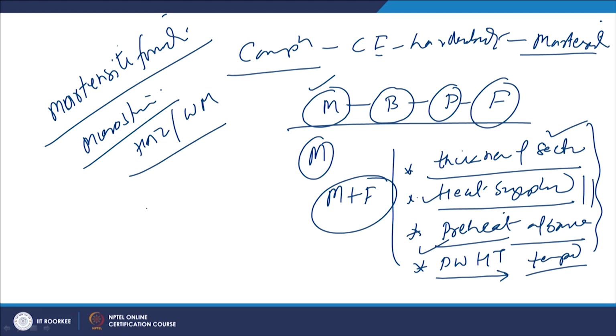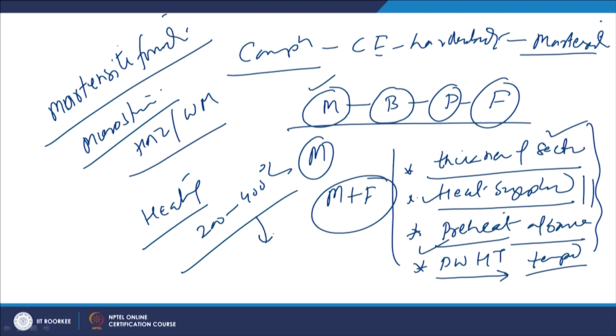So, normally heating of the weld in the range of about 200 to 400 degrees centigrade helps in diffusion of the hydrogen from the steel, so that escaping of the hydrogen from the weld as well as heat affected zone can be facilitated in order to avoid the undesirable effects related with hydrogen induced cracking.